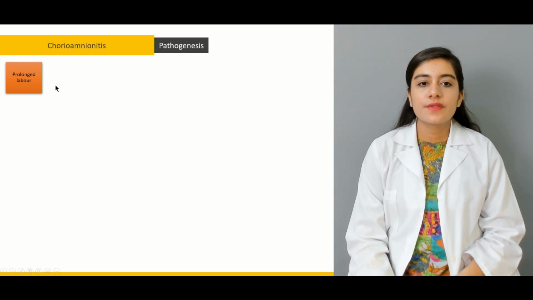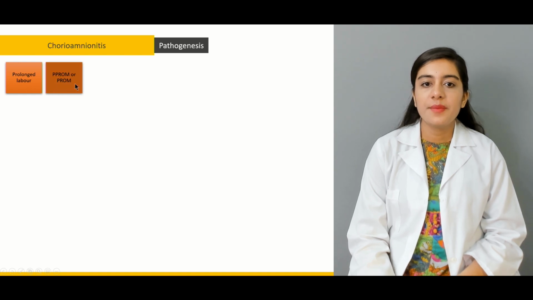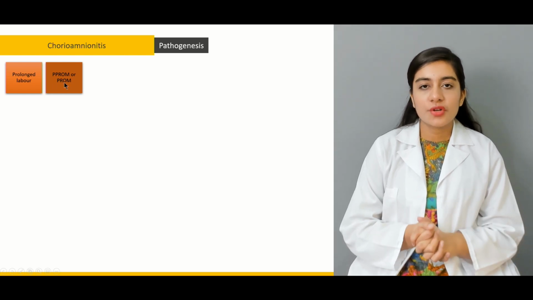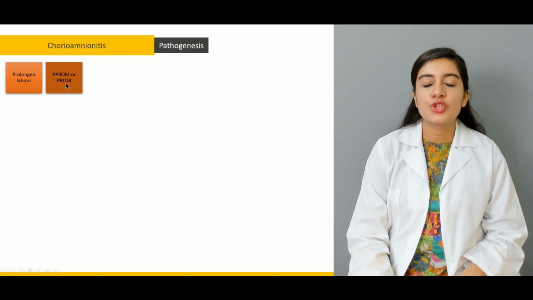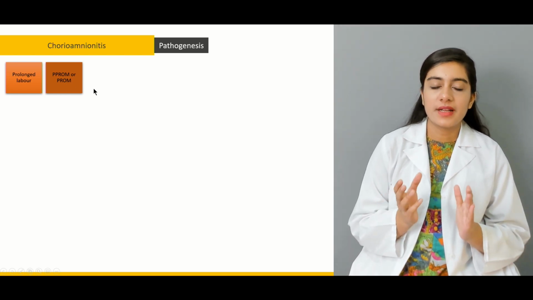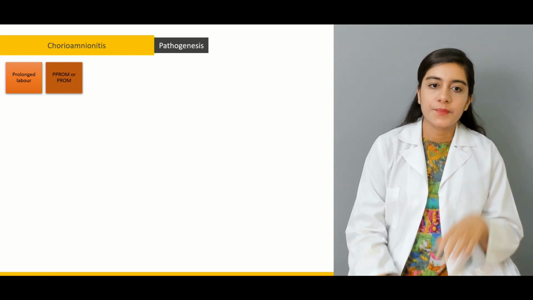The first risk factor for the disease is prolonged labor. Then we have PPROM and PROM, that is premature rupture of the membranes, and that membrane is of the placenta that attaches it to the mother.